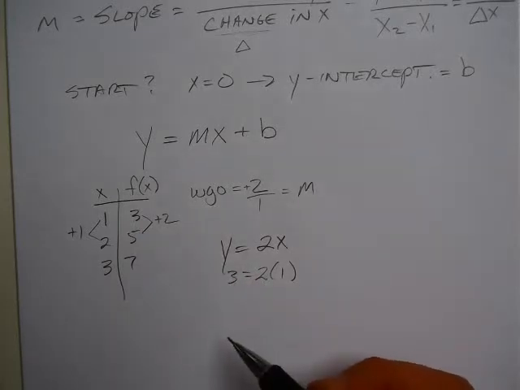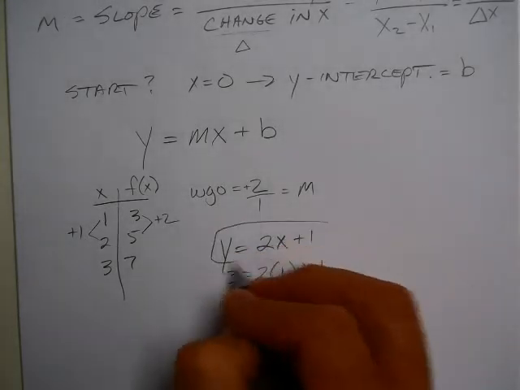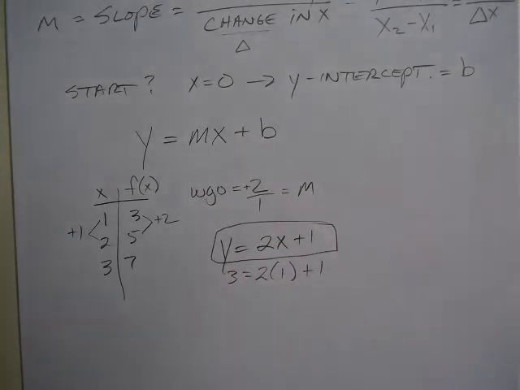But what change has to occur to make that true? Plus 1. There is your linear equation. We've been writing linear equations. The explicit is really a linear equation for a while now.